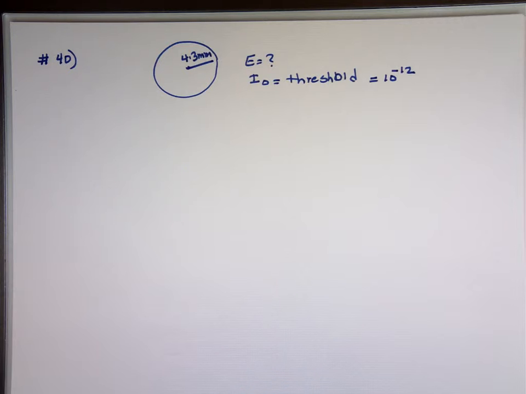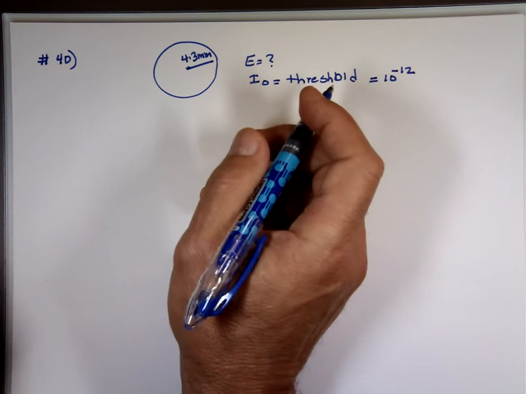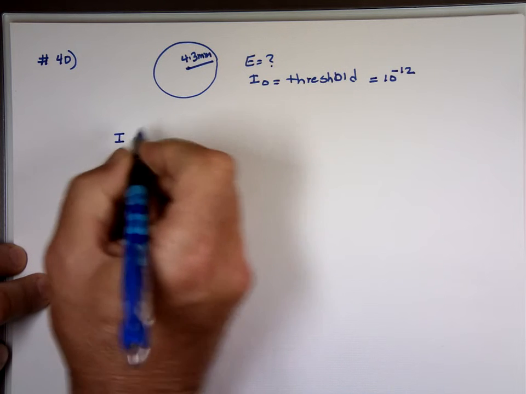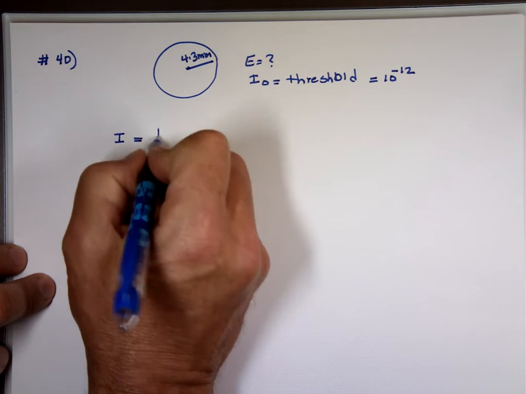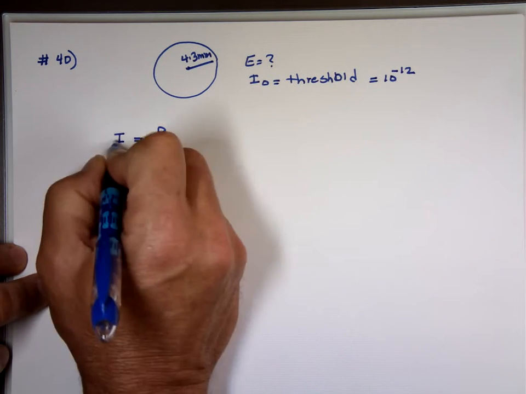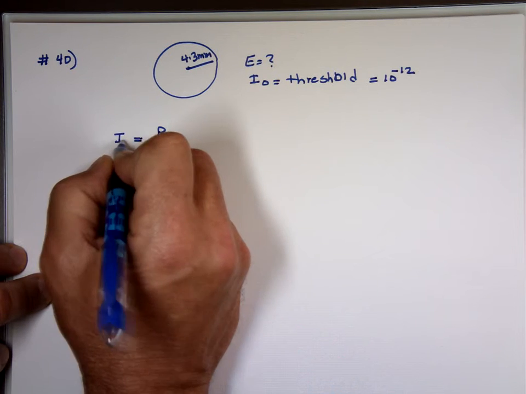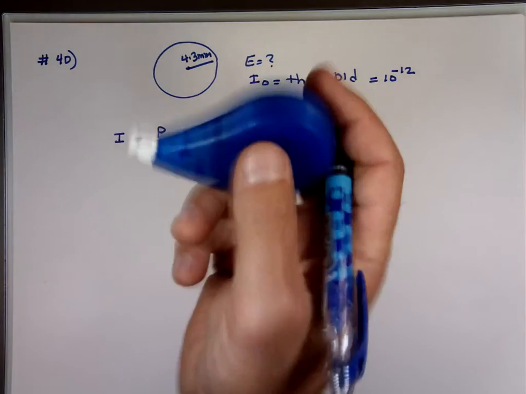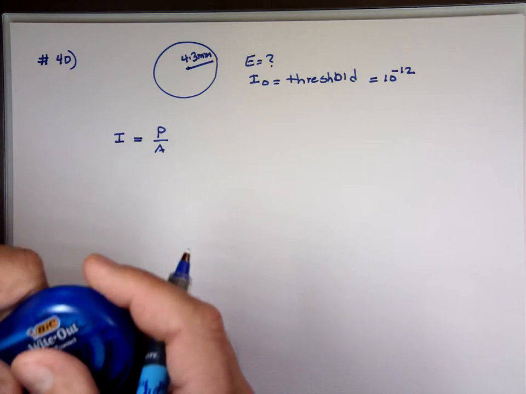We know I equals P divided by A. We know I at the threshold, and we're looking for P. Remember, energy per second is called what?